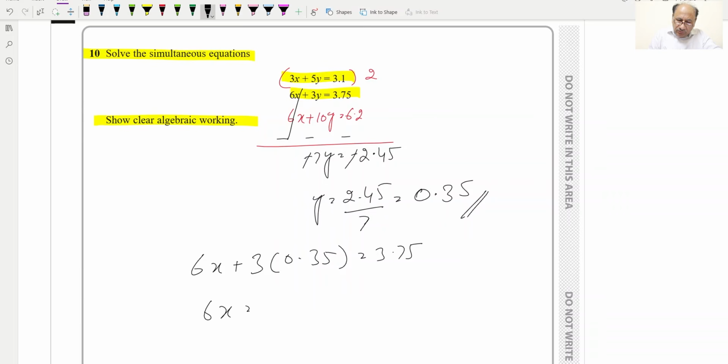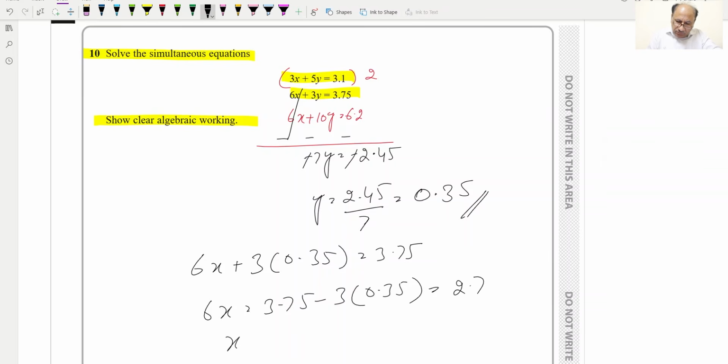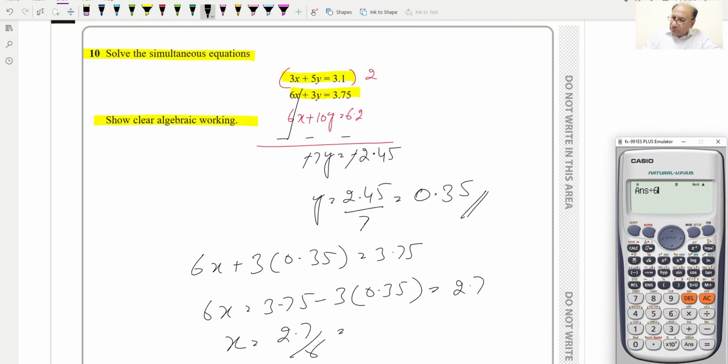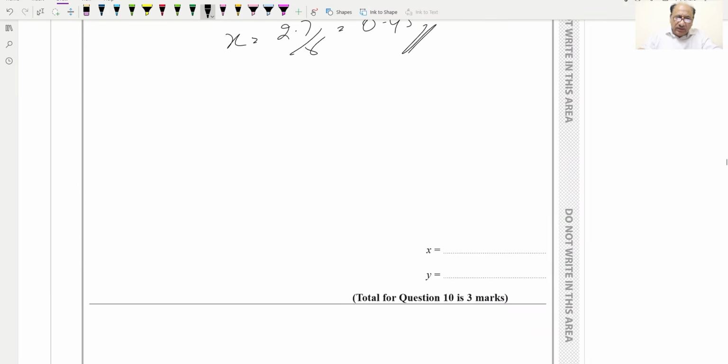So 6x will be equal to 3.75 minus 3 into 0.35, which is equal to 2.7, and x will be equal to 2.7 divided by 6, which is equal to 0.45. This will be the x value which we can provide over here. The x value is 0.45 and the y value is 0.35.